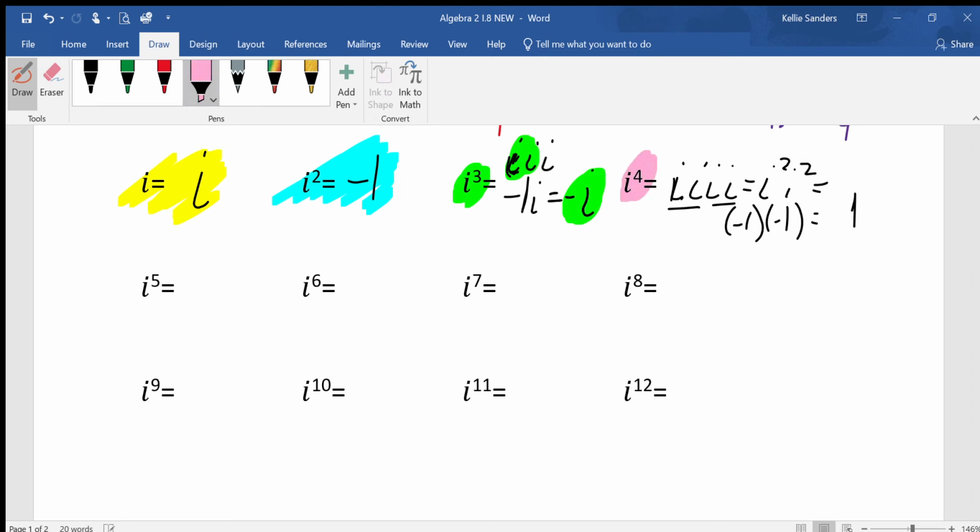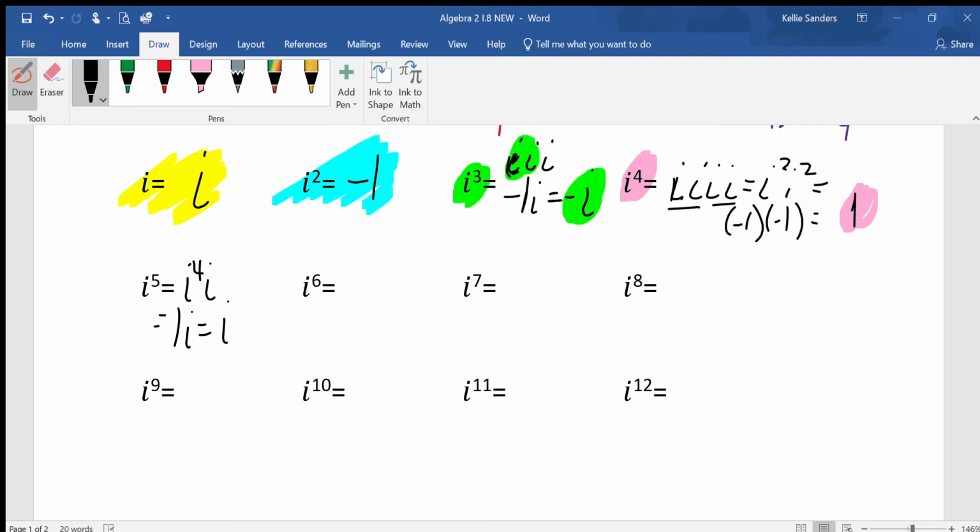So i to the fourth is a positive 1. Now, what's i to the 5? Well, i to the 5 is i to the fourth with one more i, because that would make 5 i's. Do we know what i to the fourth is? Yes, we just found it. It's 1, which would be 1 times i, or just i.